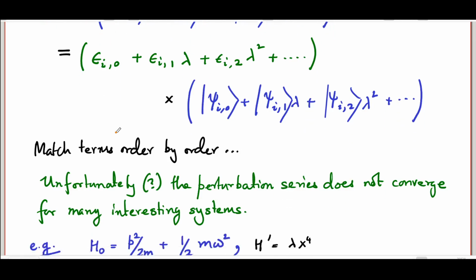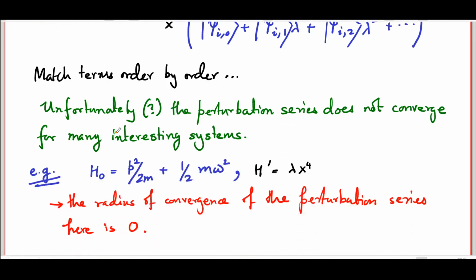For example, if you take a look at a very, very standard example of a perturbation series, the so-called quartic oscillator, where in addition to the harmonic oscillator term H0, which is exactly solvable, you have a perturbation term given by x to the 4. I have written lambda x to the 4 here, but this lambda is really in front of the H prime. So H0 plus lambda H prime is my full Hamiltonian.